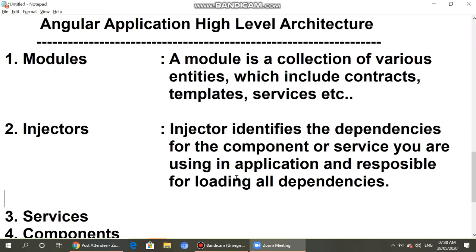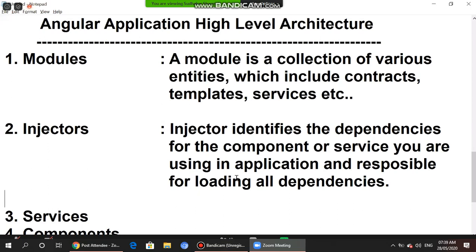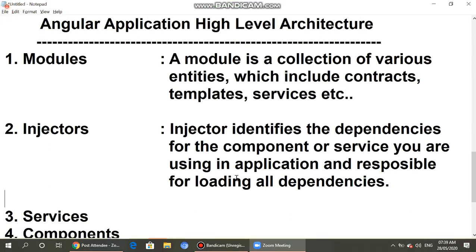It identifies all the dependencies and is responsible for loading them. If any one dependency is missing and not loaded, then that specific functionality of your application cannot be handled. So injectors play the key role in dependency injection.